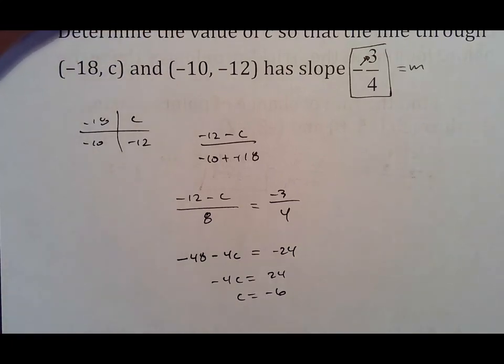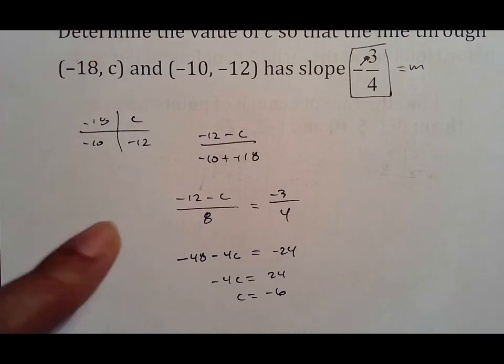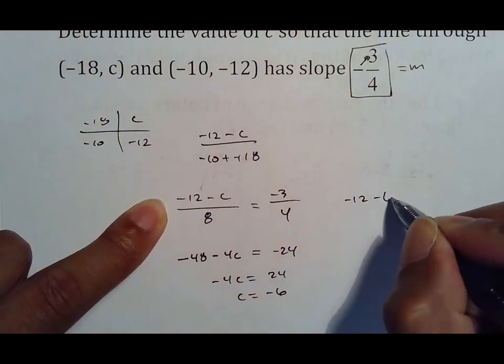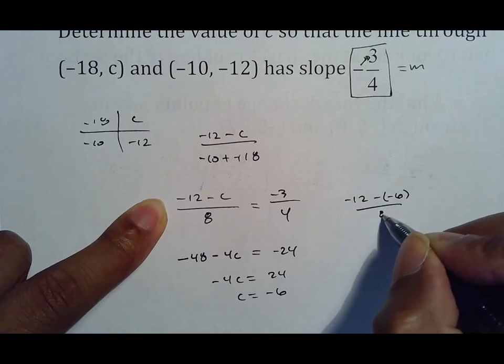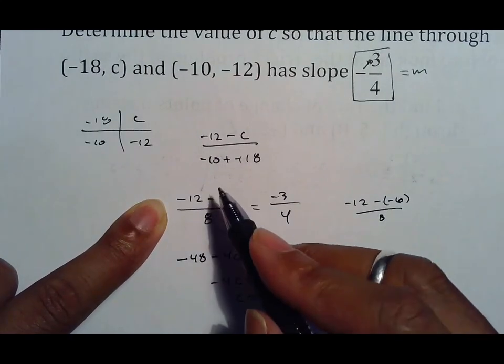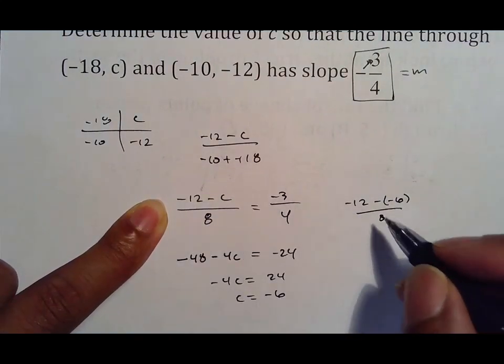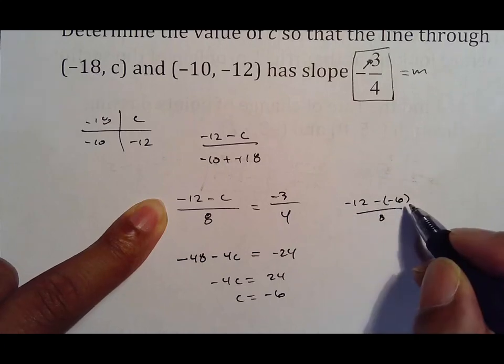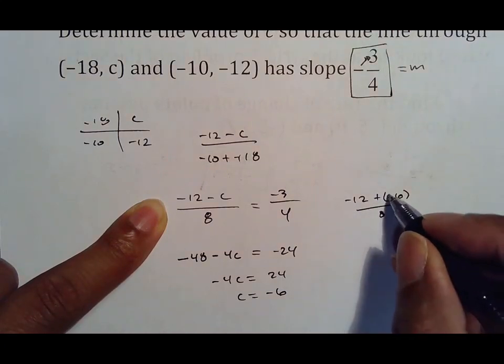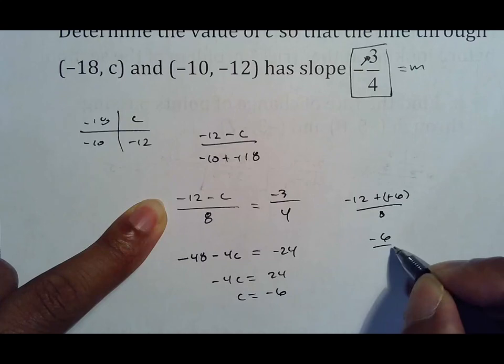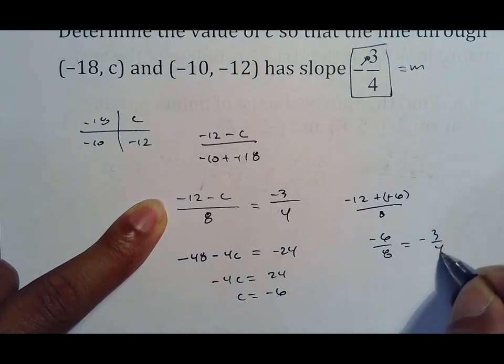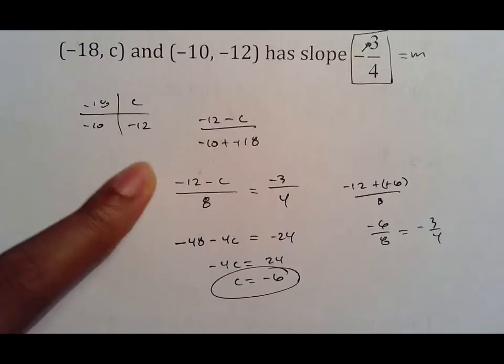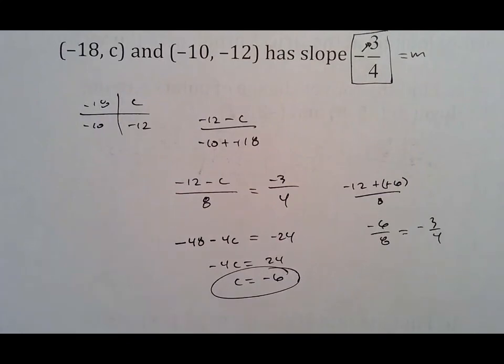Now let's see if that works. Negative 12 minus negative 6 over 8, because again I'm taking this answer and plugging it back into my most simplified formula. That turns into what? Those become positive, so negative 6 over 8, which is negative 3 over 4. So I can trust that the answer is negative 6.